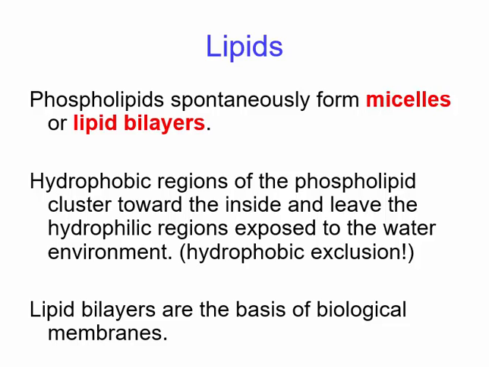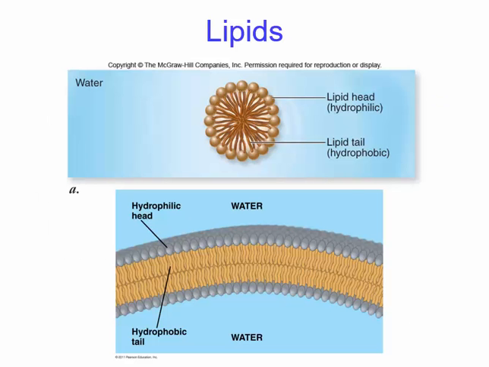They will first form almost like little bubbles with those tails oriented inward. These are called micelles. And eventually these will get bigger and bigger. Let me show you a picture. So here's that micelle with the tails oriented inward away from the water because they're being forced away from the water. Then this will get big enough that ultimately it will collapse and form a sheet. And that's what we see here.